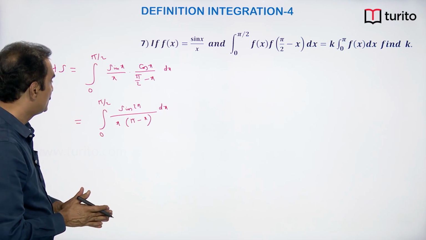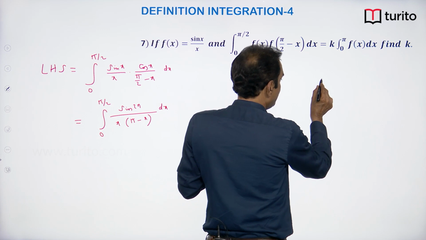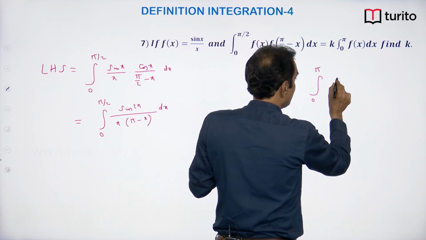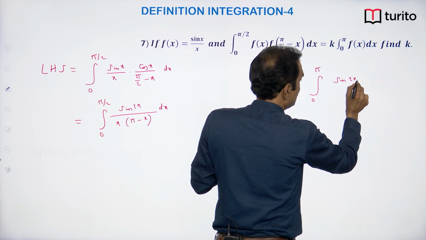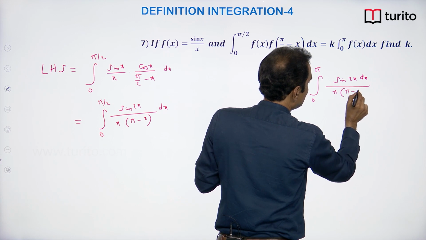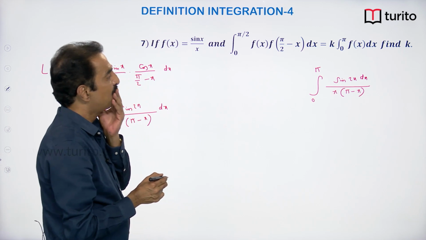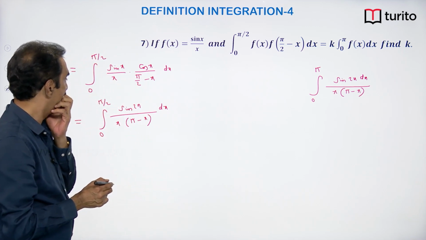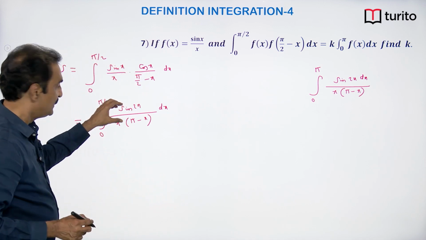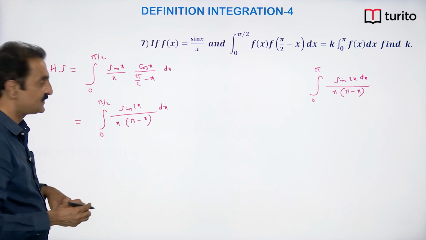Okay. Now, before taking sin 2x by x into pi minus x over 0 to pi separately, let us write this 1 by x into pi minus x as partial fractions.